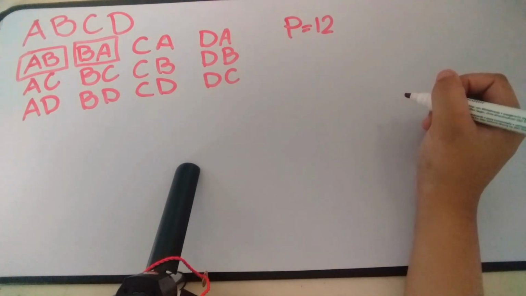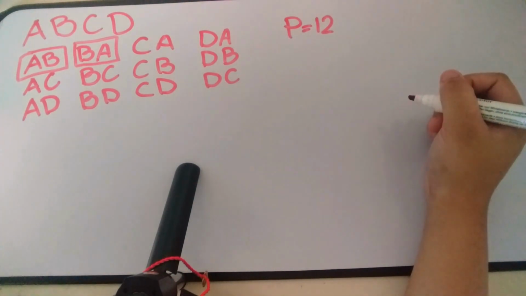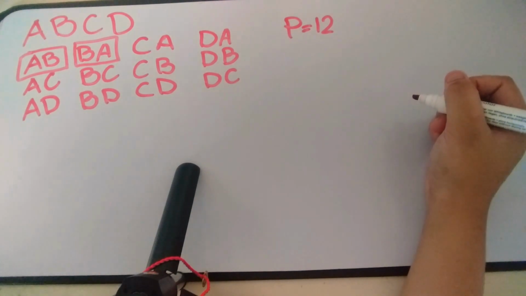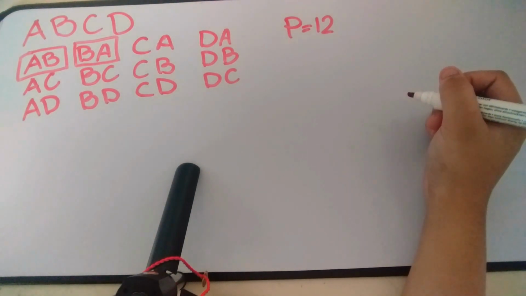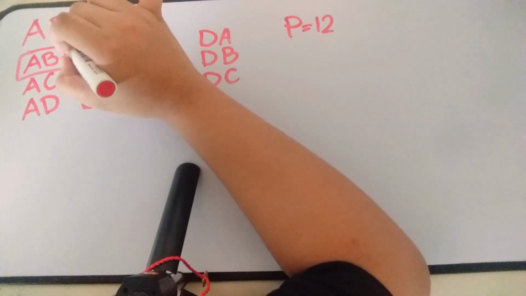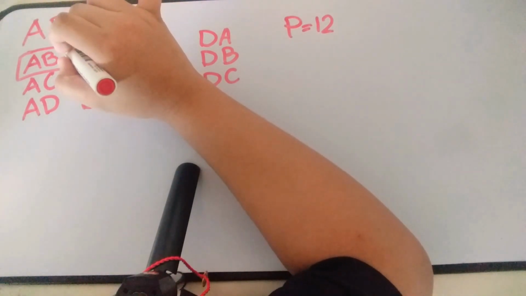In terms of permutation, these are counted as two separate things, but for a combination, you're combining the same letters, and since the order doesn't matter, they are counted once as a combination. So if we're going to count AB, we can't count BA.